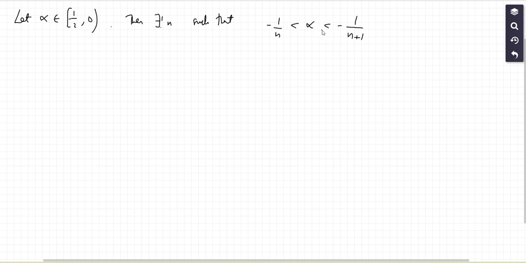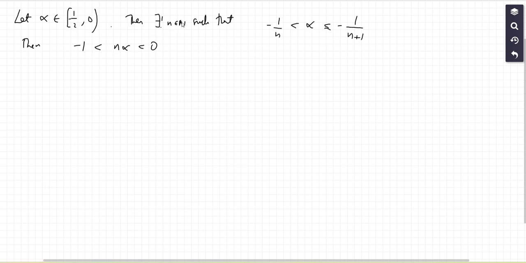So what do we have before? Yeah, we'll do it like that. Then the left-hand side just shows us that minus 1 is less than n alpha. And we know that n alpha is less than 0 because we know that n is positive.